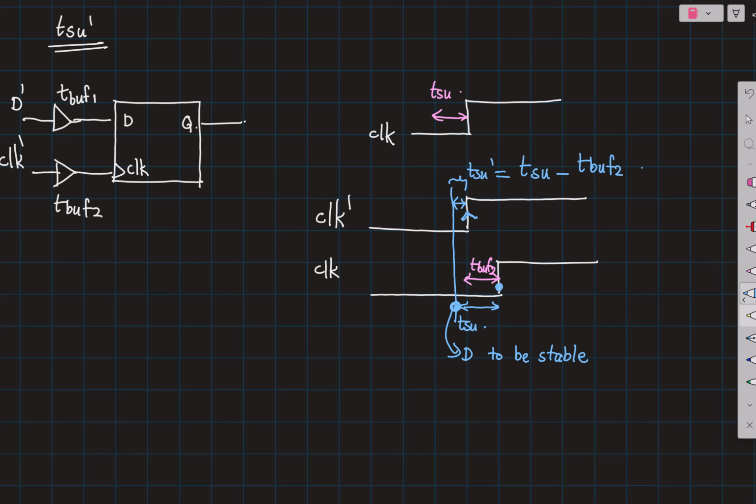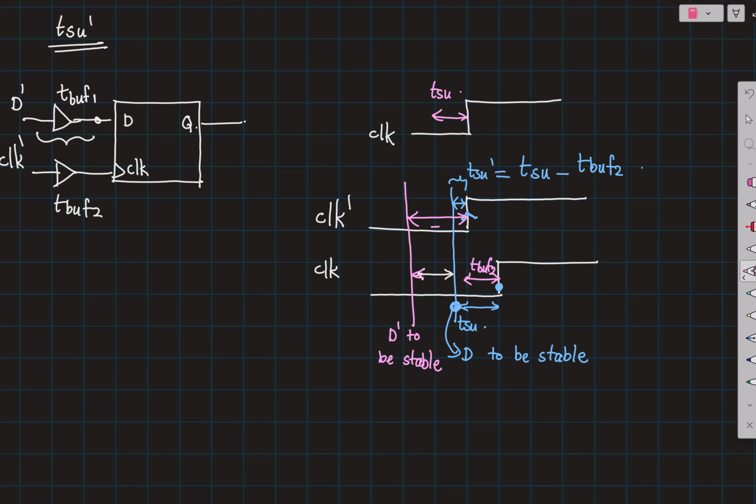But because there is now a buffer delay from D dash to D, that means your D dash should be stable at this point. And this becomes our new setup time.